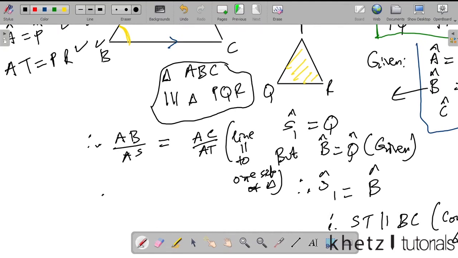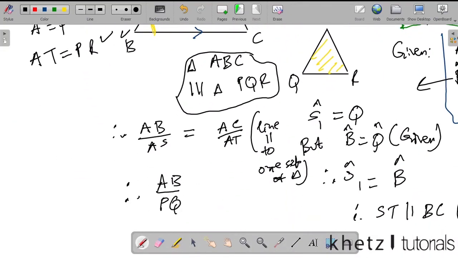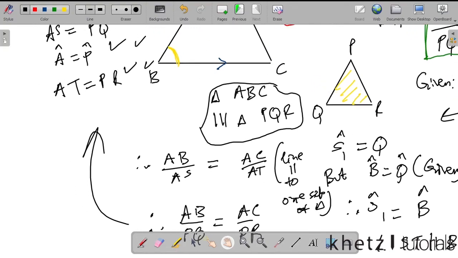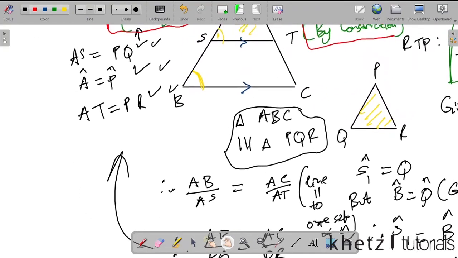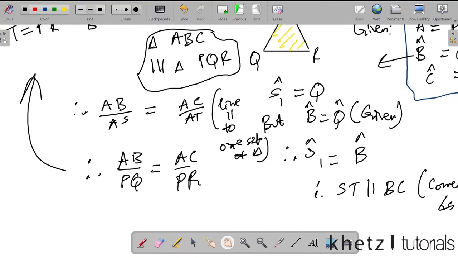And from that proportion, we can also conclude that AB divided by PQ is equal to AC divided by PR. And this is because we constructed our AS and AT to be equal to PQ and PR respectively.